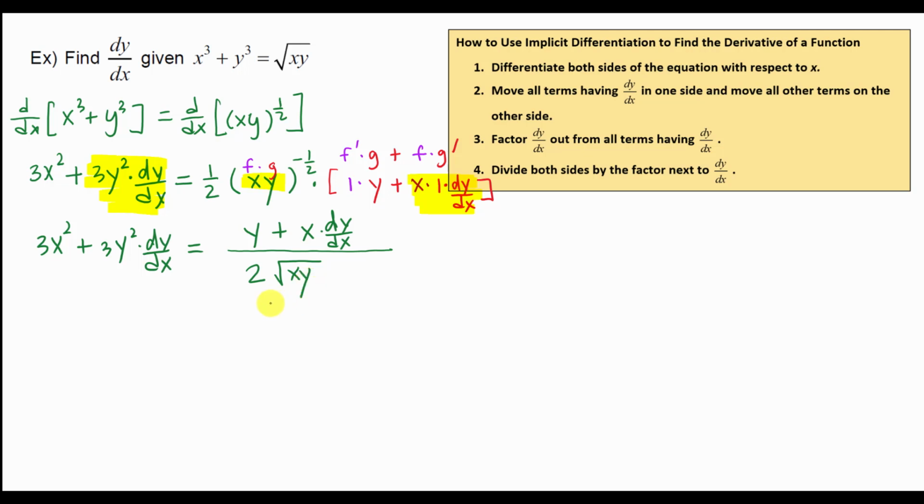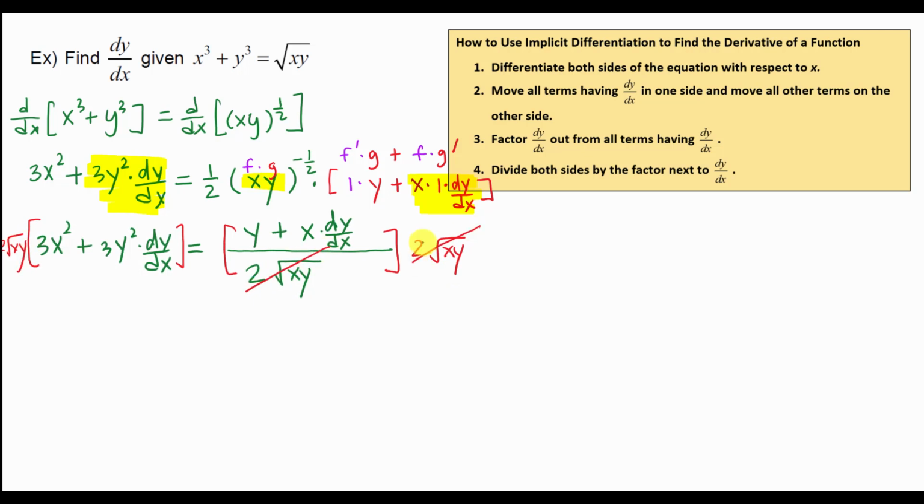So let's get rid of this denominator term by multiplying both sides by 2 radical xy, so that these get canceled.